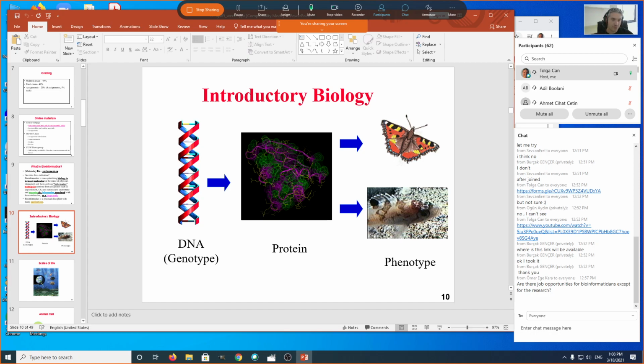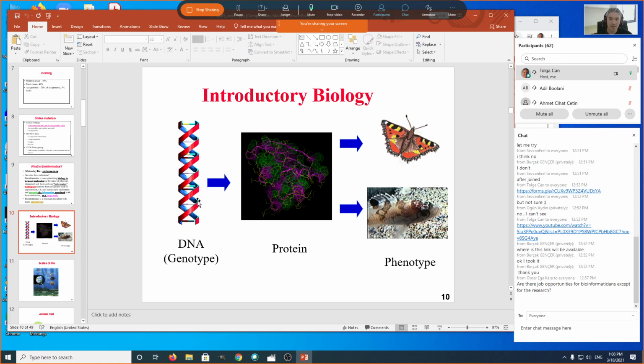Really, the information that is propagated from generation to generation is this DNA, and this DNA is discrete information.